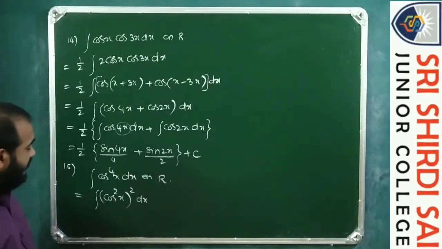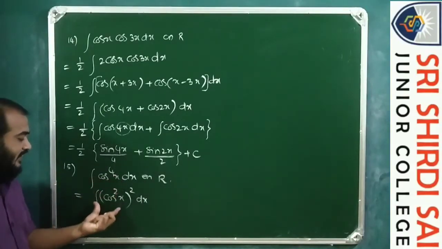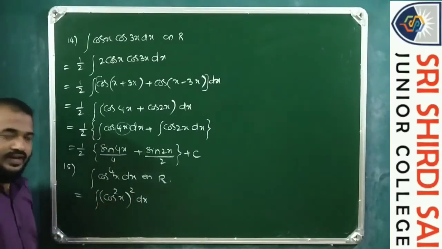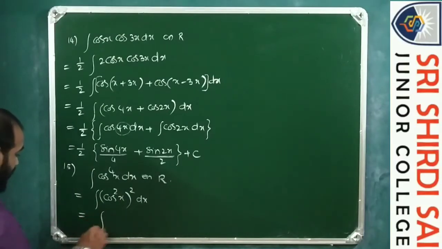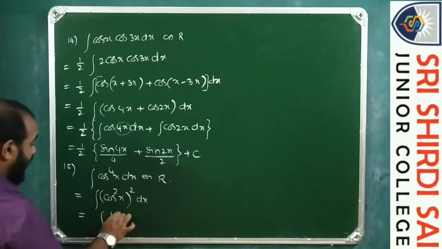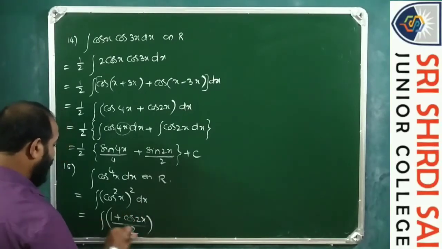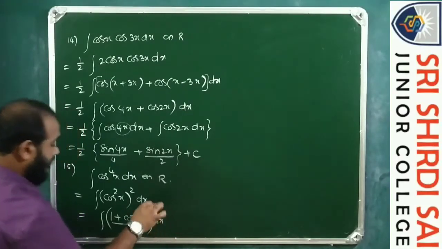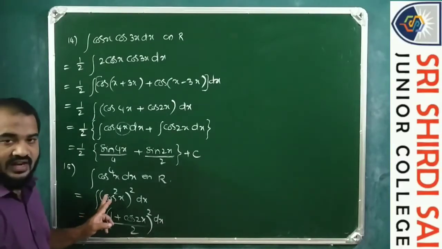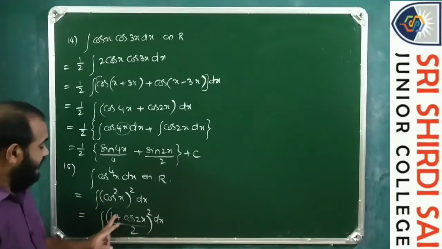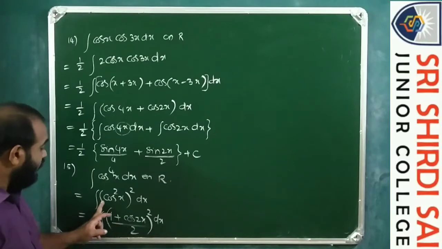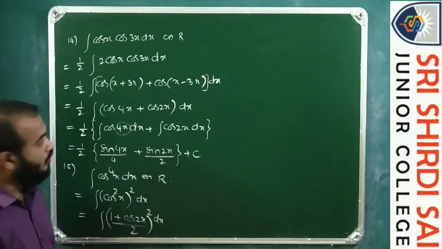Otherwise, cos power 4 x can be written as cos square x whole square dx. So cos square x can be written as (1 plus cos 2x by 2) whole square dx, which we discussed last year. Cos square x is (1 plus cos 2x) by 2, sin square x is (1 minus cos 2x) by 2.